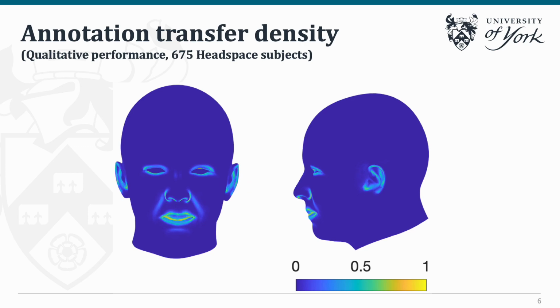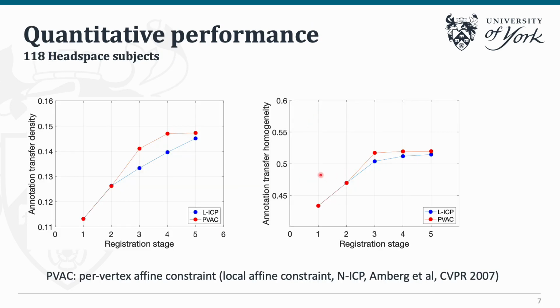What we want to do is come up with a couple of numerical metrics to measure how well that's working. One is annotation transfer density, which measures how sharp that figure is that you saw in the last slide, and we try to compare this.